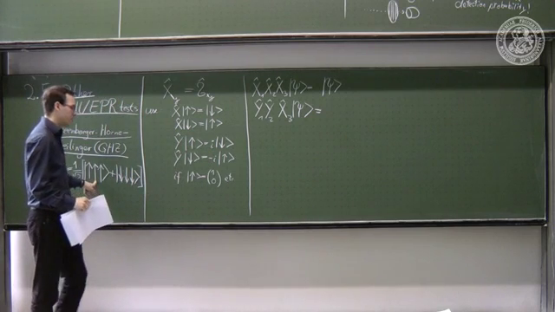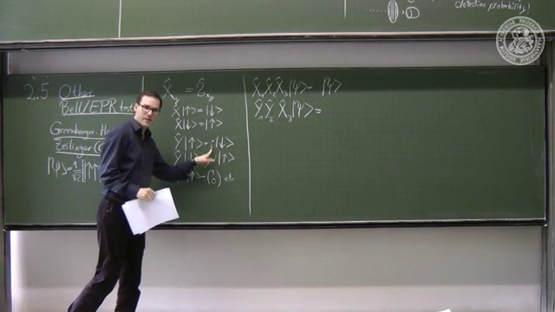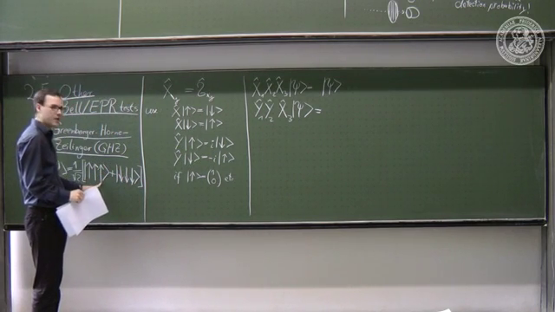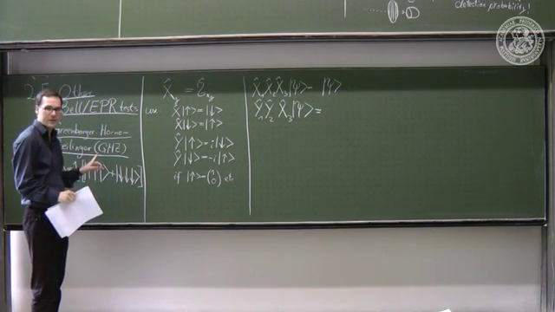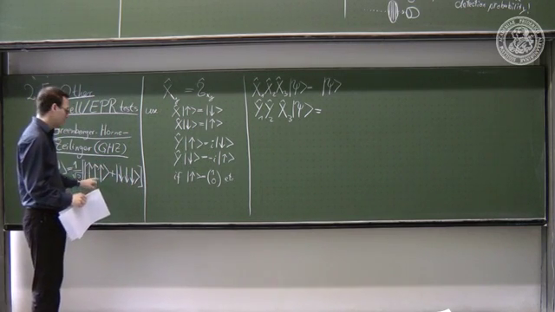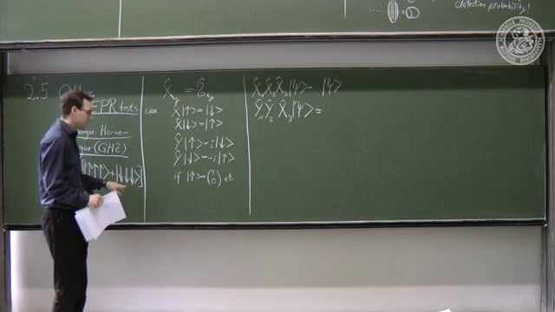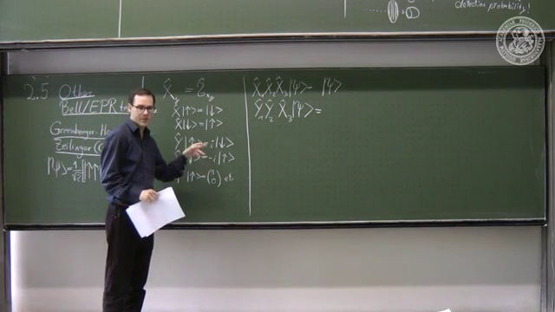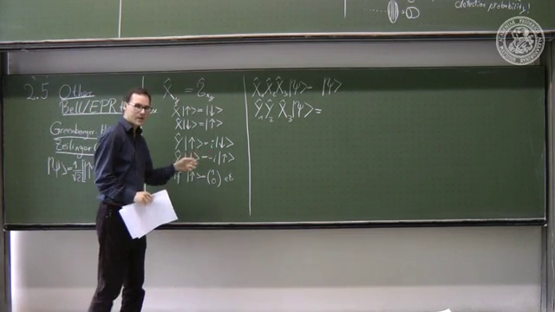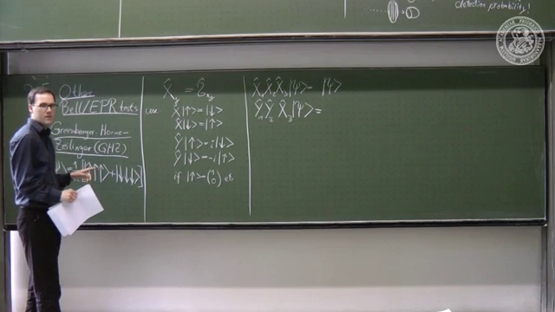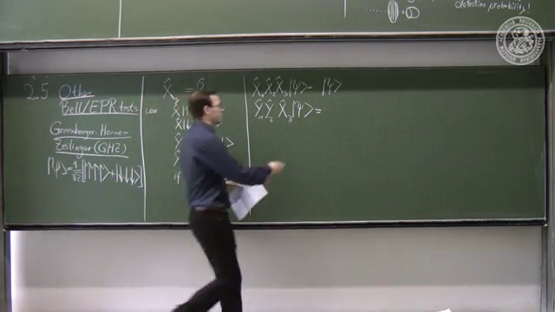Again, the second up will be flipped to down, again I get a factor of i. And the final x operation will flip the last spin to down without any factor. So I get two factors of i, makes minus 1. Now for down and down, each gives me a factor of minus i, but the product again is a minus 1. So all I get is the whole state multiplied with minus 1.